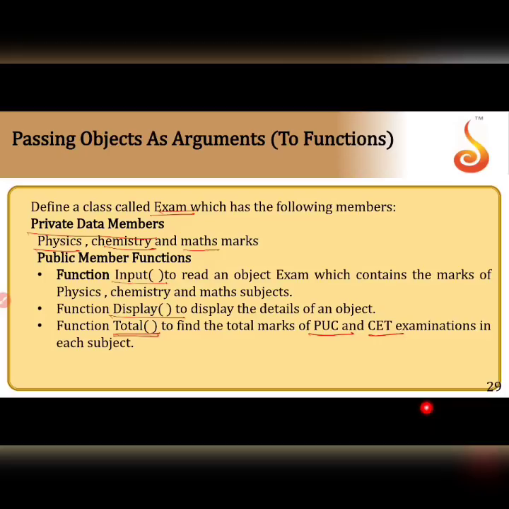Please have a look. Hopefully by this time you should be clear with the question, like what we are going to do. And we are going to find the total by passing objects as arguments to the function total. So, you need to pass objects as arguments to the function total.